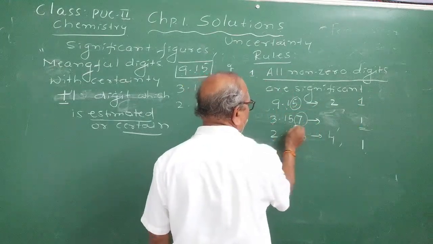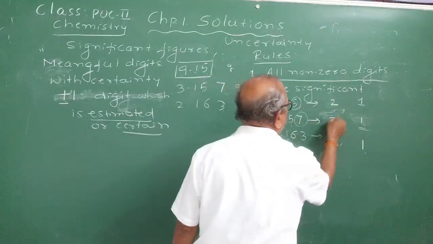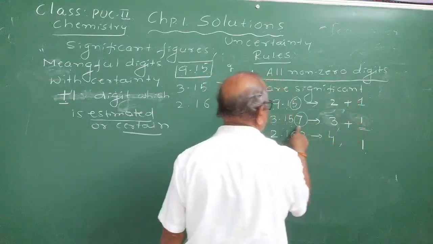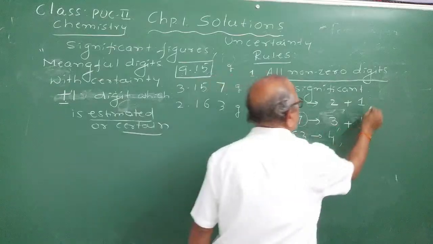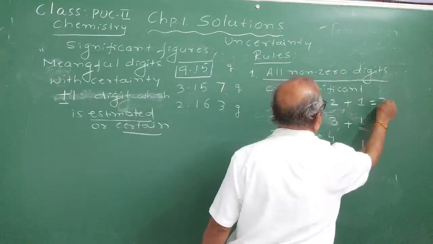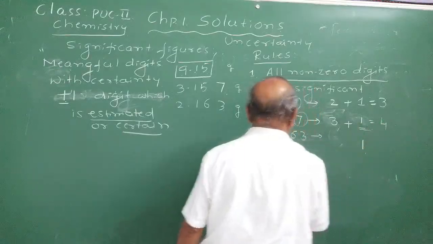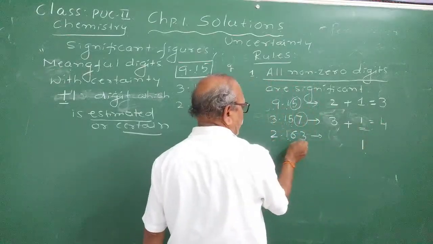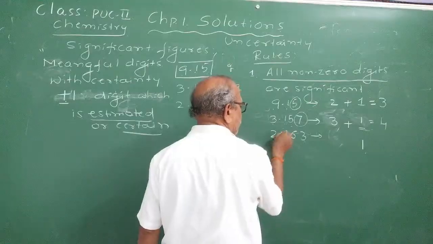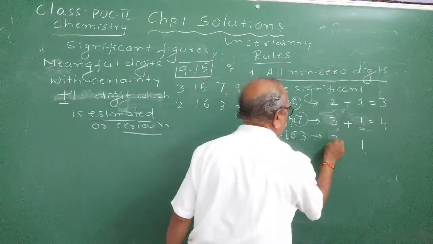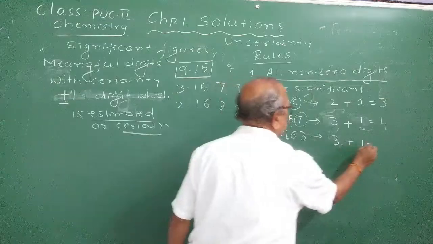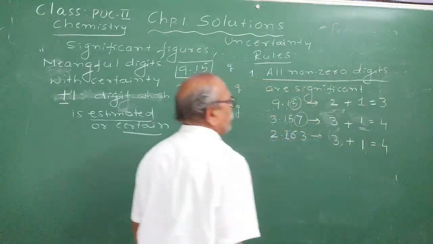In 3.157, 3.15, three digits are certain, 1 is uncertain. The total number of significant figures is 3 plus 1, which is 4. Here in 2.163, the significant figures with certainty are 3 plus the last one uncertain. The total number of significant figures is 4.